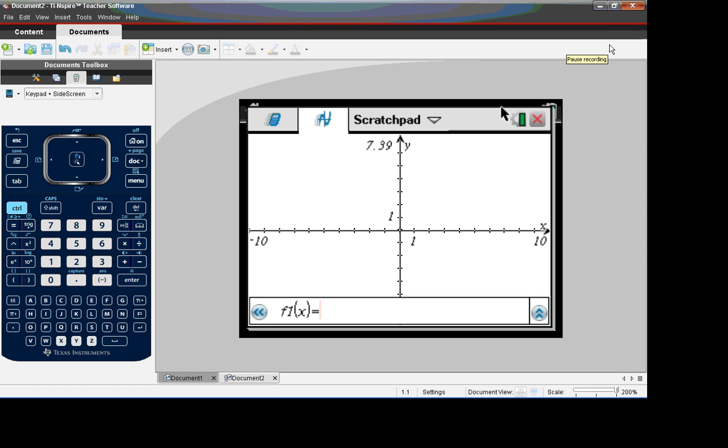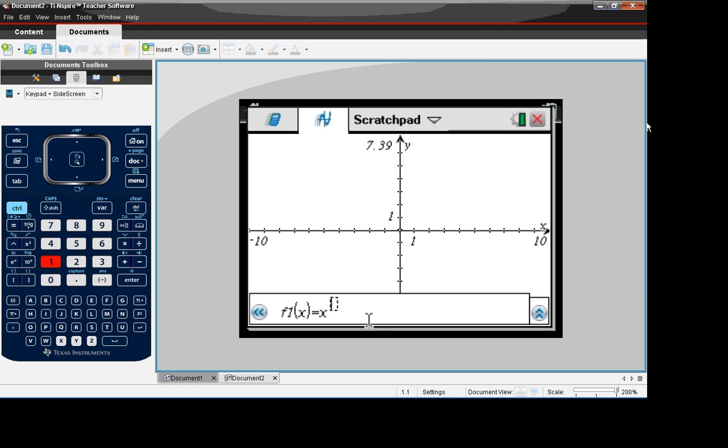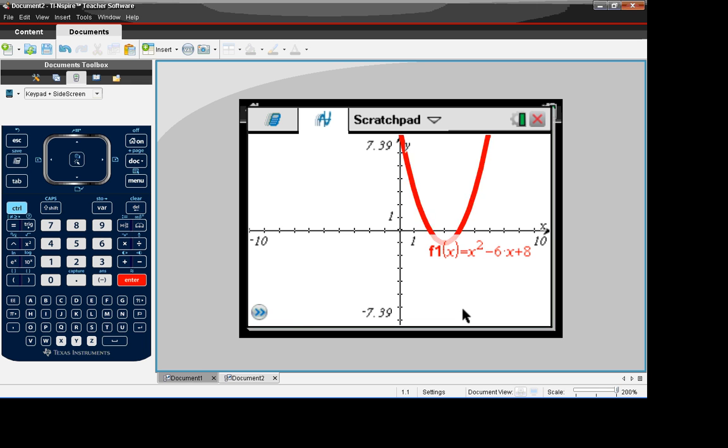Okay, so you can see here we're now on a graph. I'm just going to type in the first part, which was x squared minus 6x plus 8. So there was the parabola, that was the left-hand side of the inequality. And then I'm going to type in the other part, the 3.